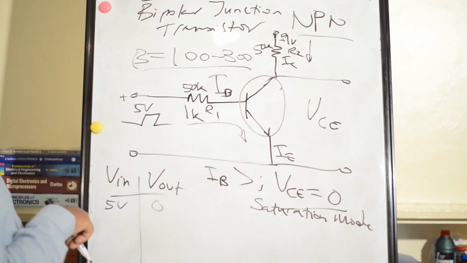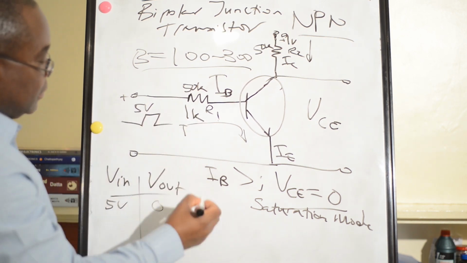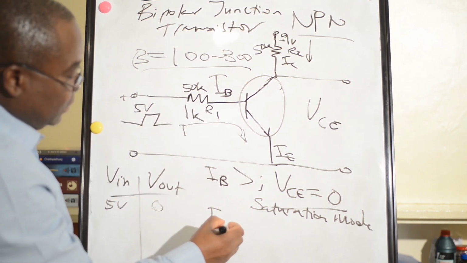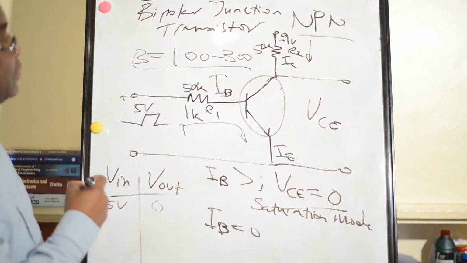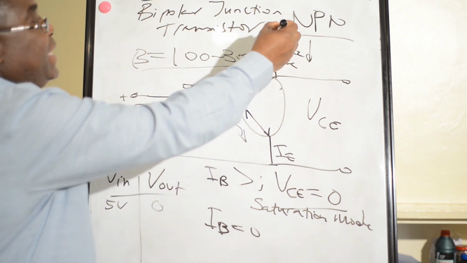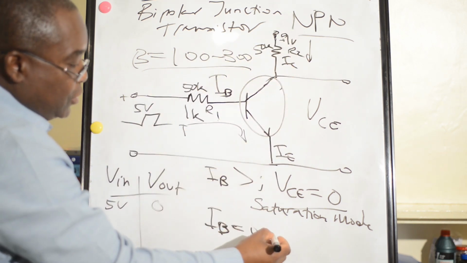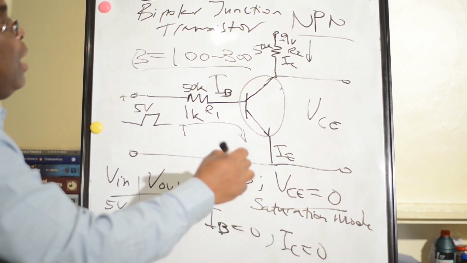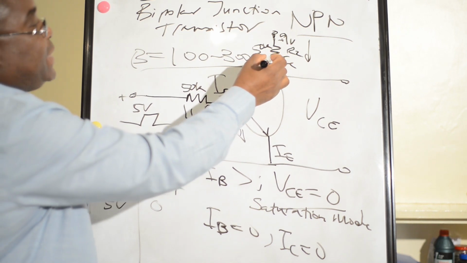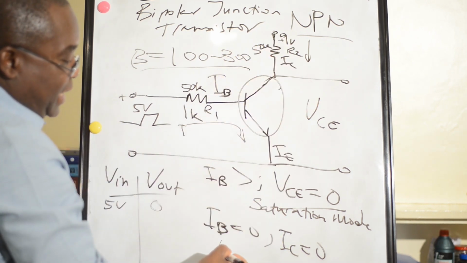But if IB is 0, if the base current is 0, there will also be nothing flowing here. Also IC will be 0. So if IC is 0, there will be no drop at R2.